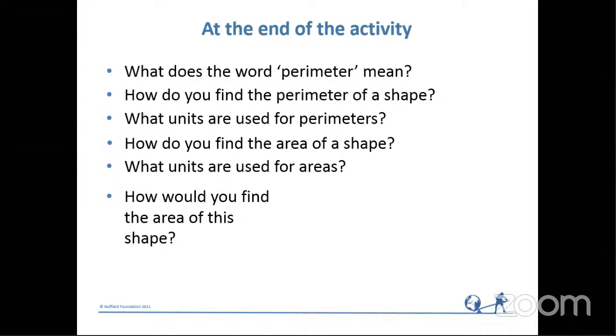What does the word perimeter mean? You write it, then when we come back we shall ask for those answers. How do you find the perimeter of a shape? What units are used for perimeter? How do we find the area of a shape?